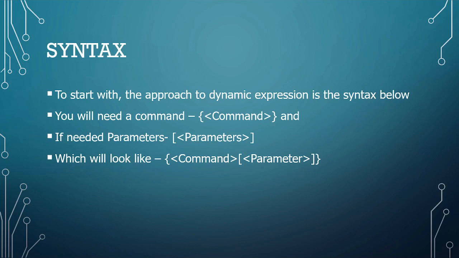Parameters are the different values, or the arithmetic operators, or numeric values, or text data in the form of a string. It can be anything depending upon the expression. Combining both, it looks like command, parameter, where the command is our expression and the parameter is the values we provide for that expression. This is the basic syntax we will be using in dynamic expressions.